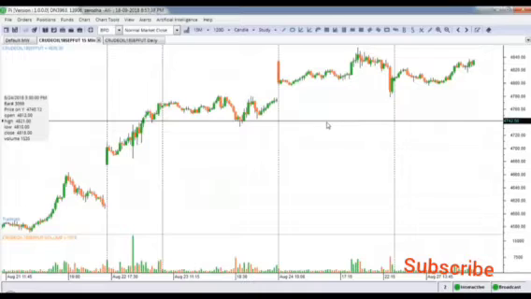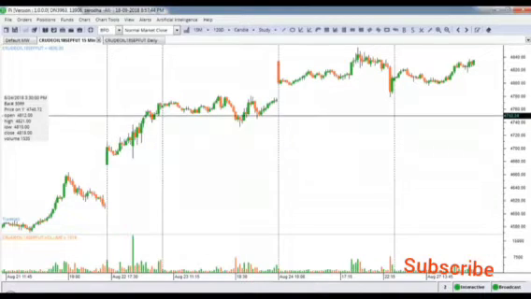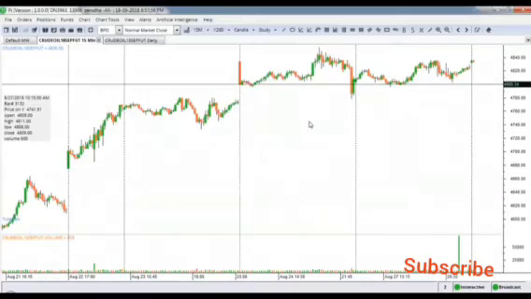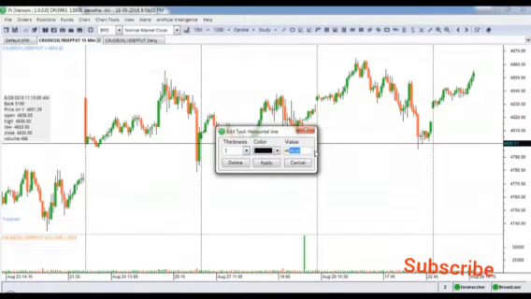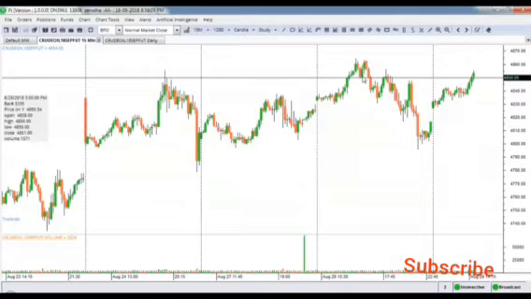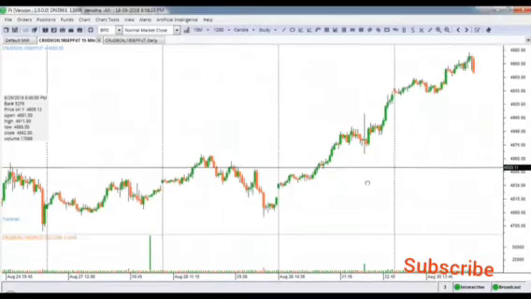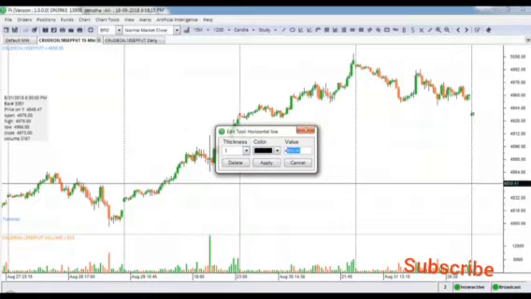There's a level at 4750, correct? All right. So nothing significant seems to be happening here. Let's look at 4800. Nothing that's significant. Let's look at 4850. So it went up, okay, but nothing that's significant. Let's look at 4900.